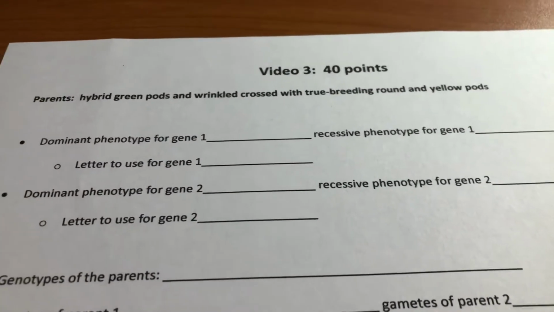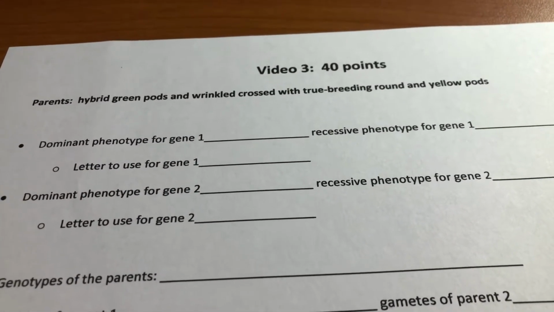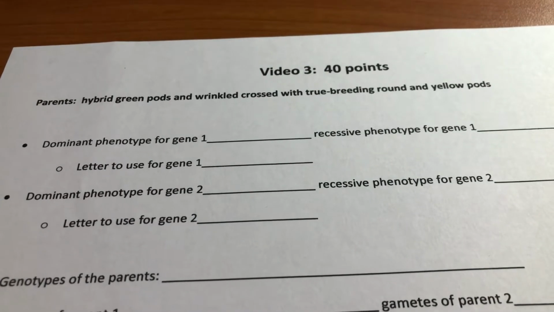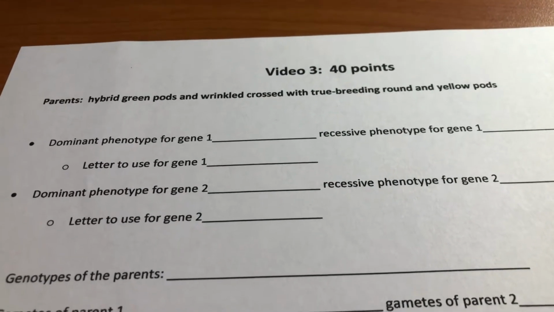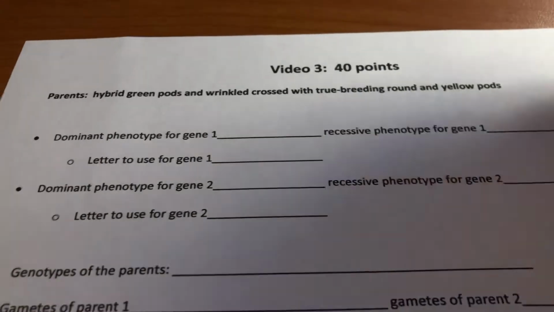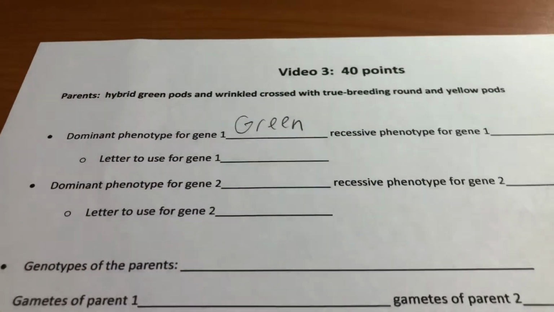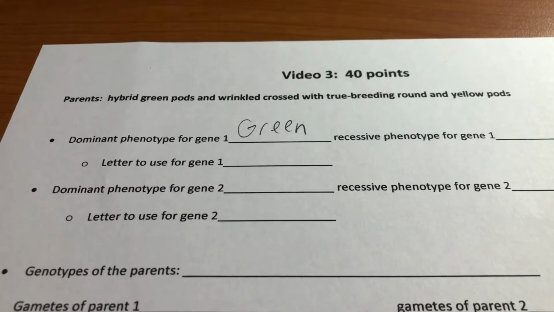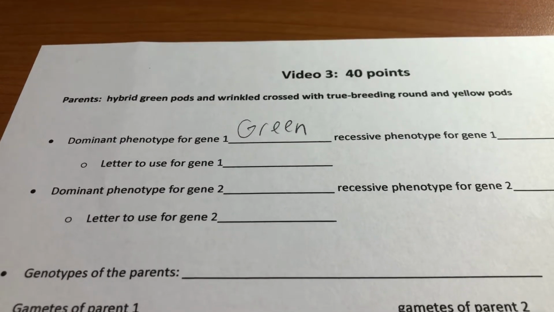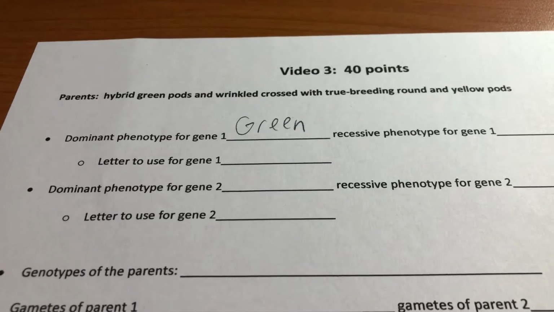Now, our first question is, what is the dominant phenotype for the first gene? And that would be green, because looking back on Mendel's pea traits, green is dominant.